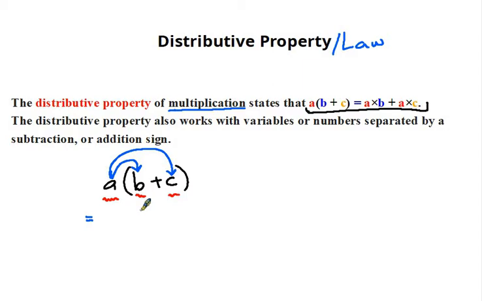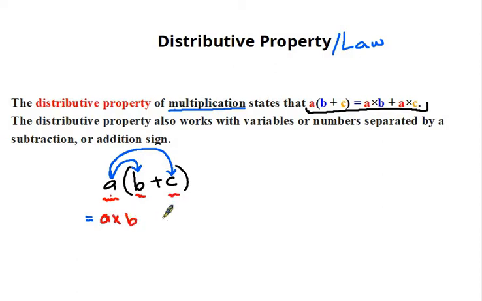Student B or student C? B, right. So what would I have here now? B times A. You can say B times A, or you can also say A times B. So let's put A times B.